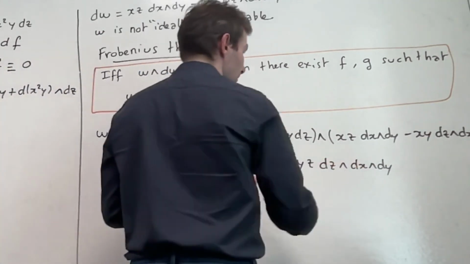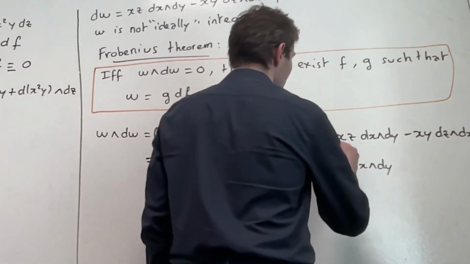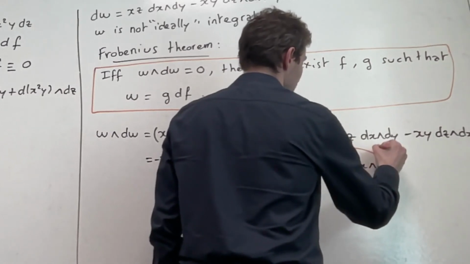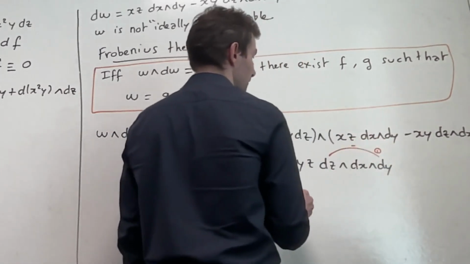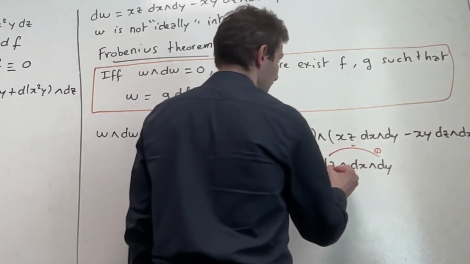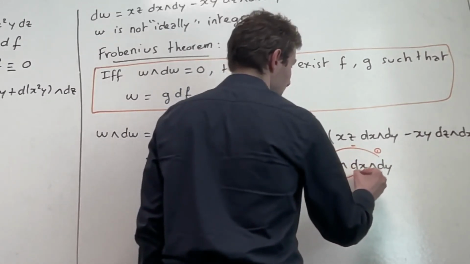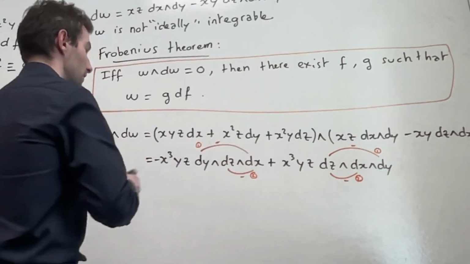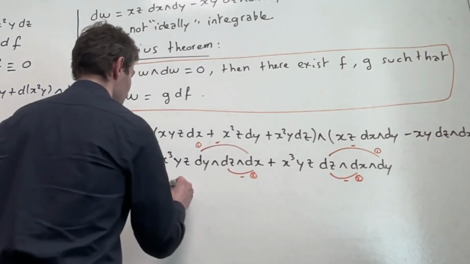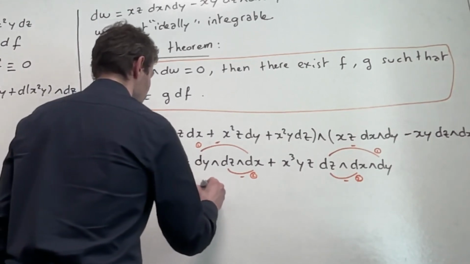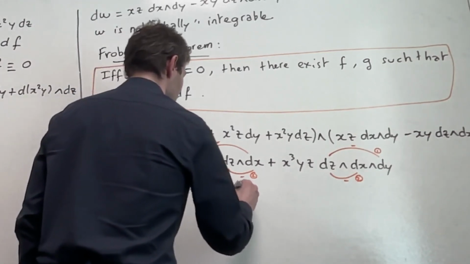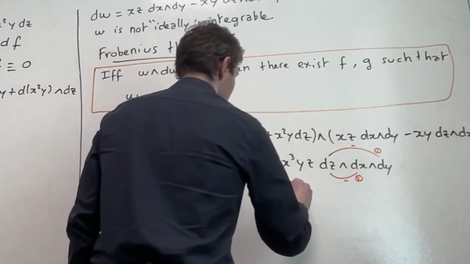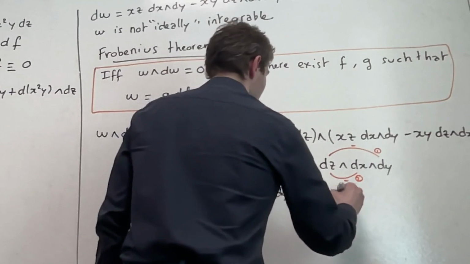And here actually the same thing will operate. You first get this dz with this dy, for example, that's the first step, and you get a minus sign from it. Then once you've got the dy here, you swap with the dx here, and you get again a plus 1. What you end up with is minus x cubed yz plus x cubed yz, times the volume form dx dy dz, and that's equal to 0.